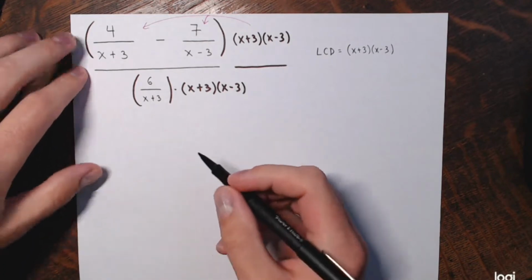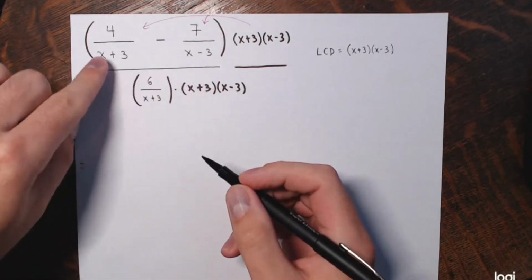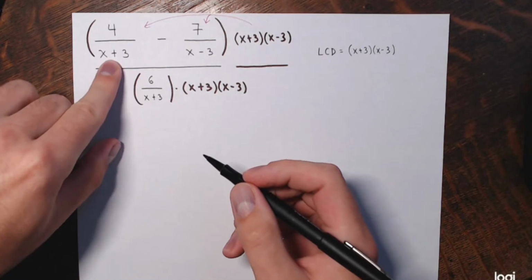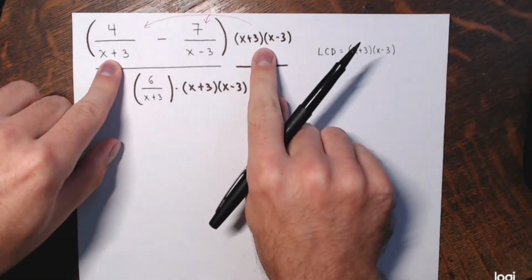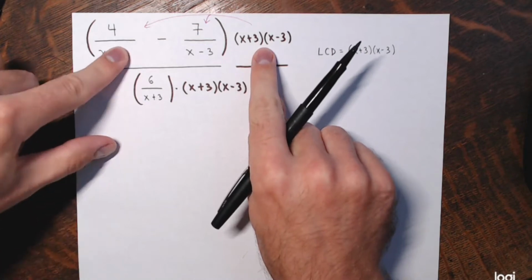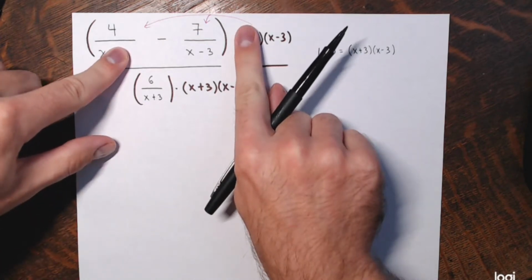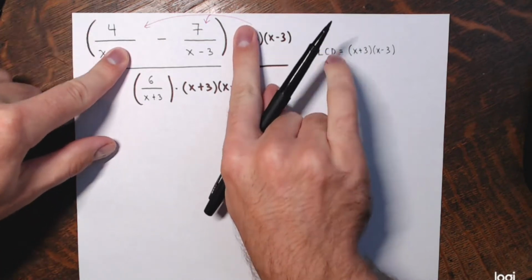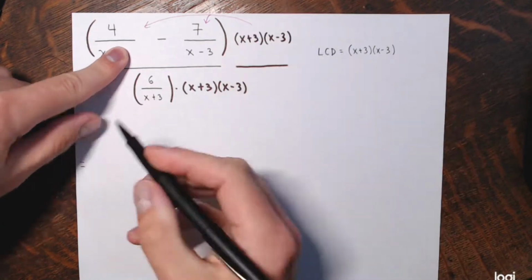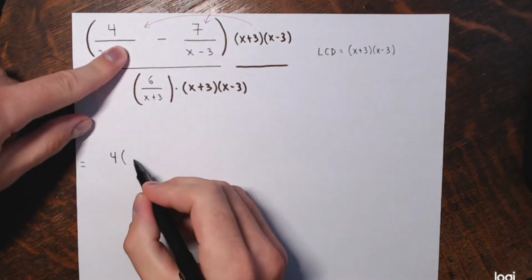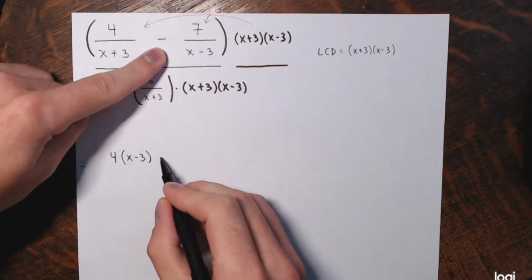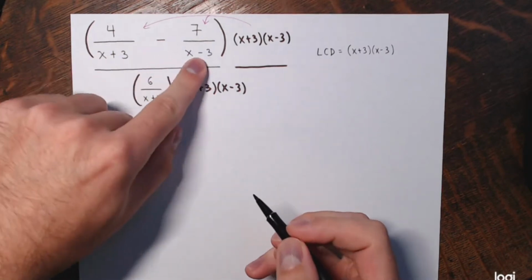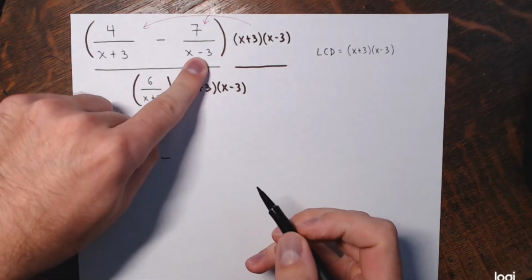Up in the numerator here, above the main bar, the first fraction, 4 over x plus 3. When you multiply it by the LCD, the x plus 3's would cancel, and I'd be left with 4 times the quantity x minus 3. Then I got minus. Then this second fraction, 7 over x minus 3.